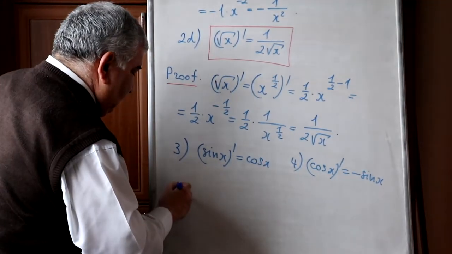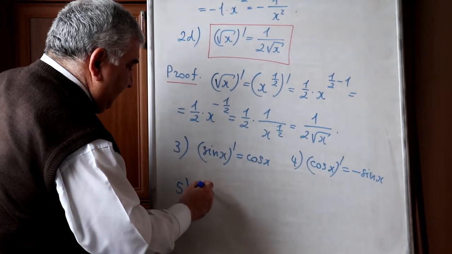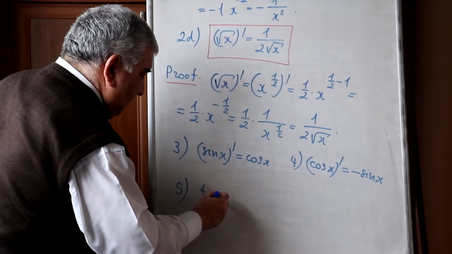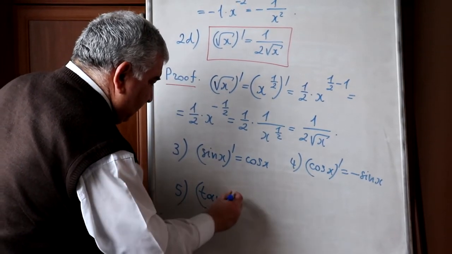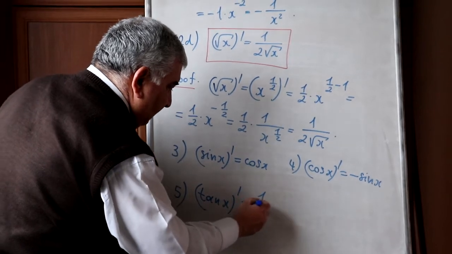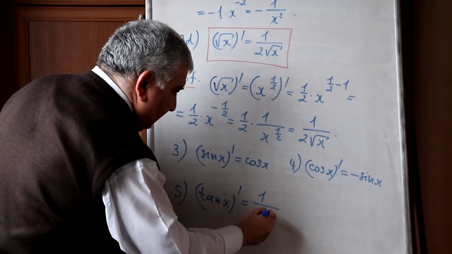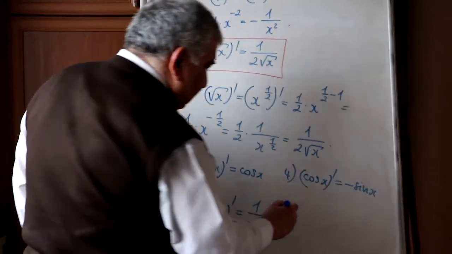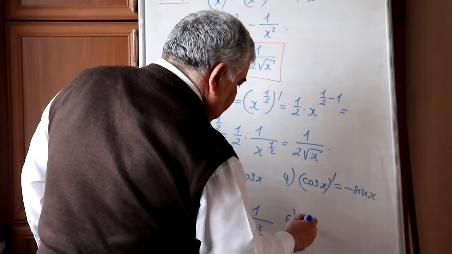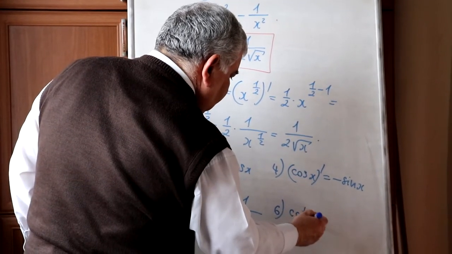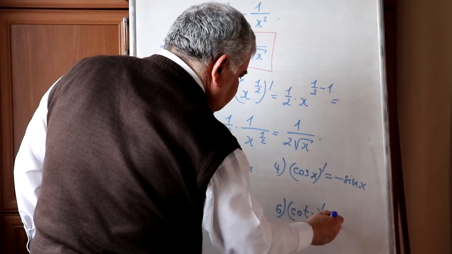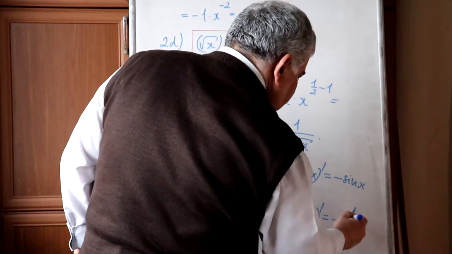Then fifth formula: tangent x prime is 1 over cosine squared x. And sixth formula: cotangent x prime is minus 1 over sine squared x.